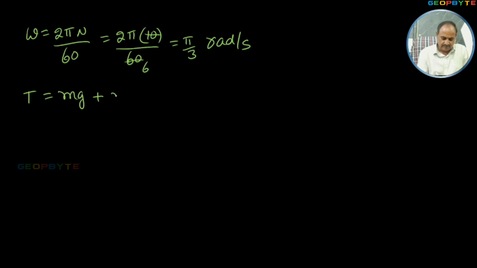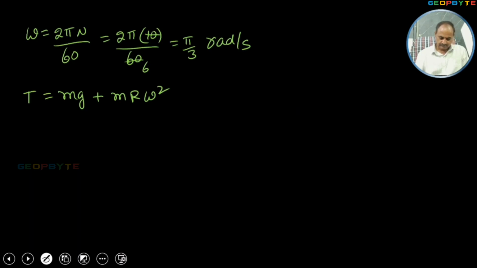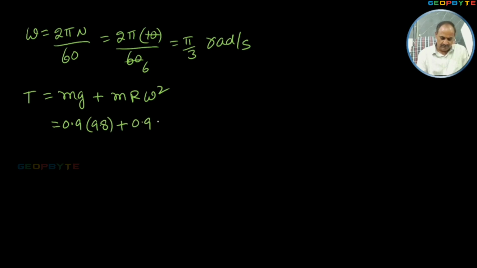Then T equals what? mg plus m r omega square. The g value is given as 9.8, and pi square value is 9.8. Here m is 0.9, into 9.8, plus 0.9 into 1 into omega, pi square by 3 square.